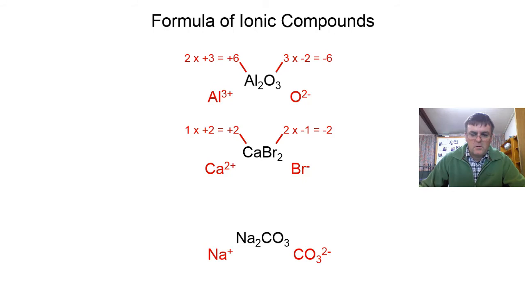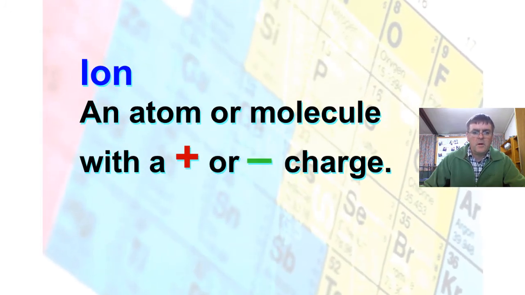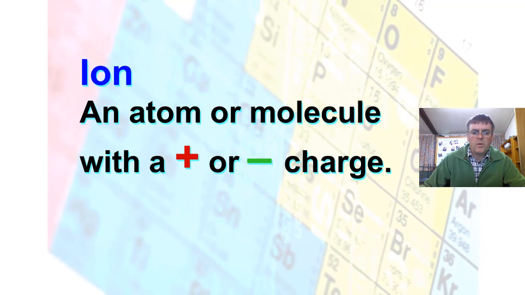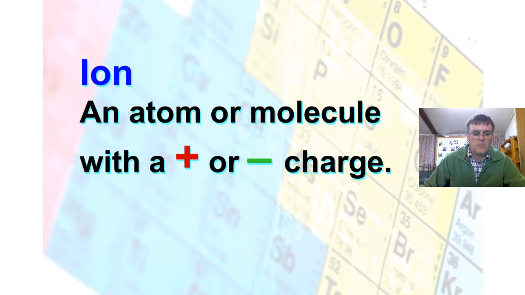Okay, that's the whole ion there, the carbonate ion, and it's a 2 minus. So we have 2 of the sodiums and 1 of the other one. It all goes together to balance each other out, make the whole thing neutral. So reminder, an ion is an atom or a molecule with a positive or negative charge. And I hope that's been helpful.